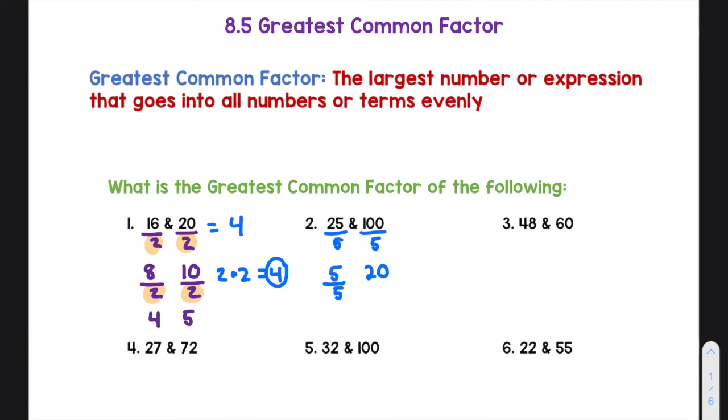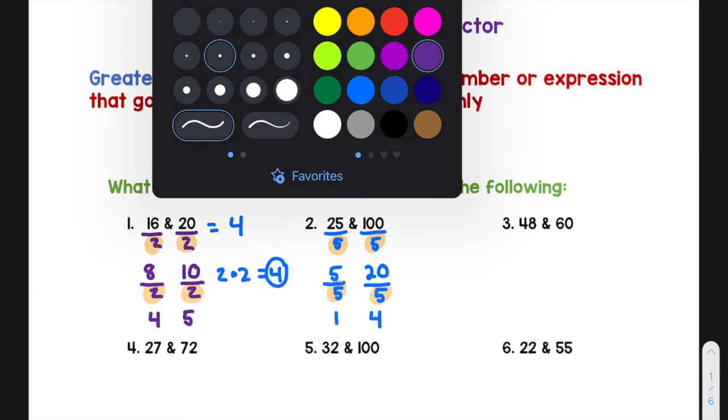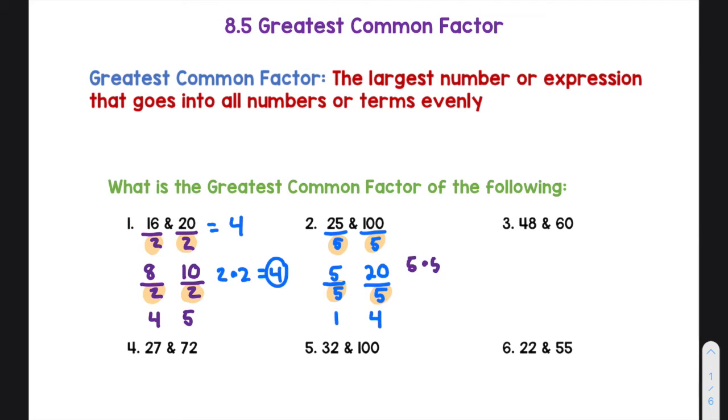That number is 5 again. 5 divided by 5 is 1, 20 divided by 5 is 4. Is there a number that now goes into both 1 and 4? No, there's not. Since I divided by 5 first, and then divided by 5 again, what we're going to do is multiply the numbers we divided by to get the GCF. 5 times 5 is 25, which tells me 25 is the largest number that goes into both 25 and 100.